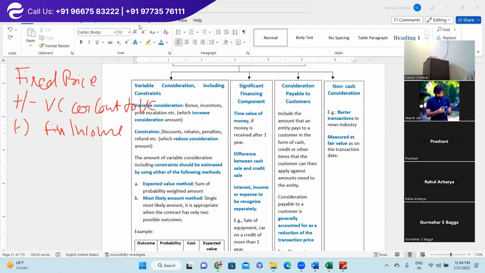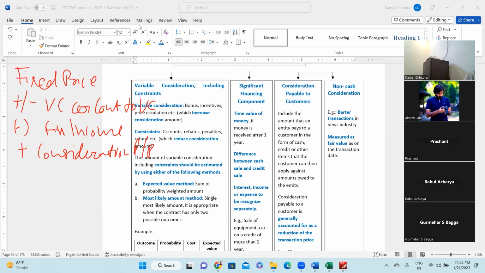Then consideration paid and payable to the customer, right? And then non-cash transaction, fair market value of non-cash.